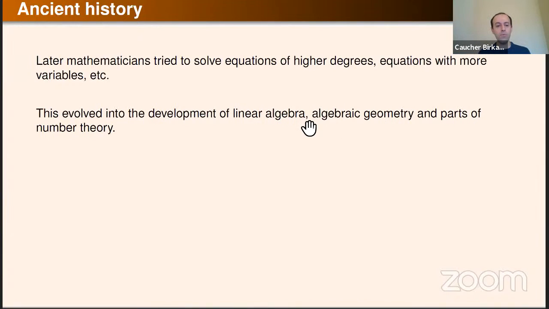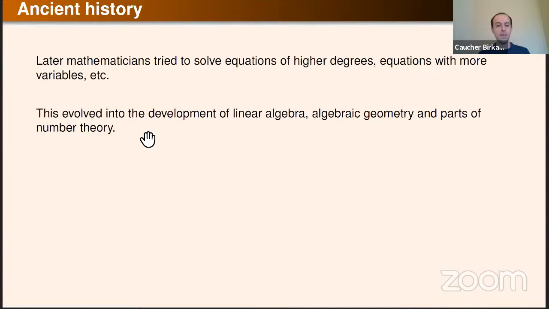And then we also have algebraic geometry, when you have equations, especially if you have a bunch of equations, not just one. And if the degrees increase, then everything becomes more complicated. You get algebraic geometry. But if you work with, for example, rational numbers, then the same questions also come up in number theory.